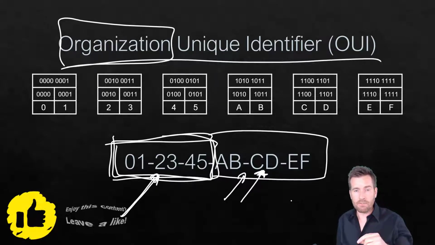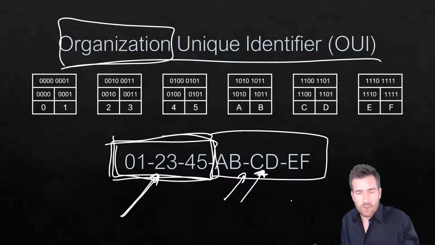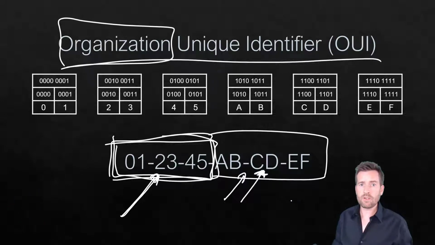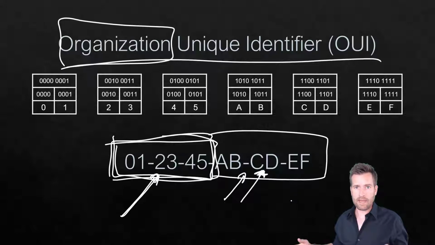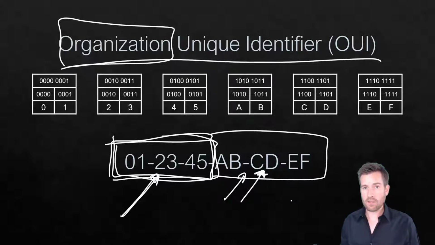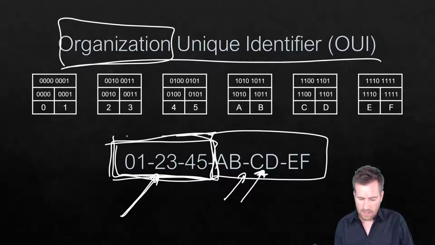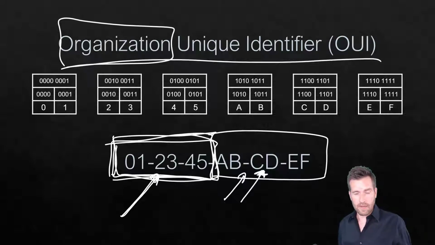Because remember, MAC addresses are burned into the equipment. If you had 2 different devices with the same MAC address on the same network, it would cause some functionality issues. And so these need to be unique. It puts the responsibility of making sure this happens into the hands of the manufacturer.